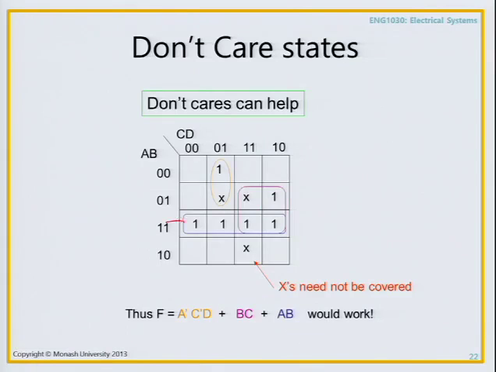So these 4 1s are the same, but I can make a box of 4 here, and this little lone 1 actually now has a don't care next to it, which can be used. So you can use a don't care if it helps, but if it doesn't help, like this one over here, you don't need to cover it in your rectangle.